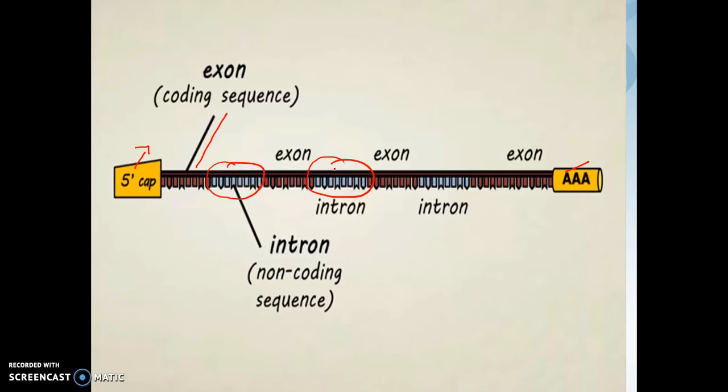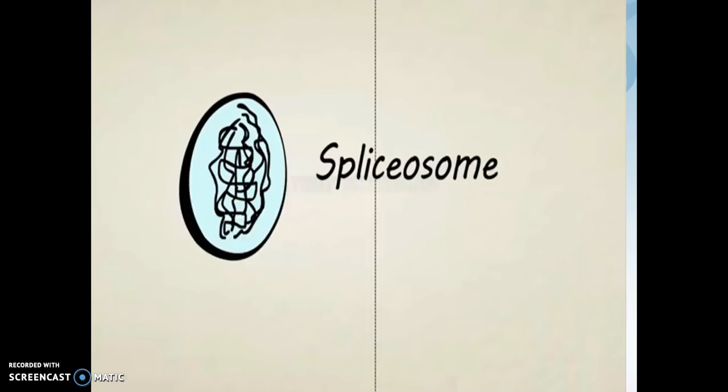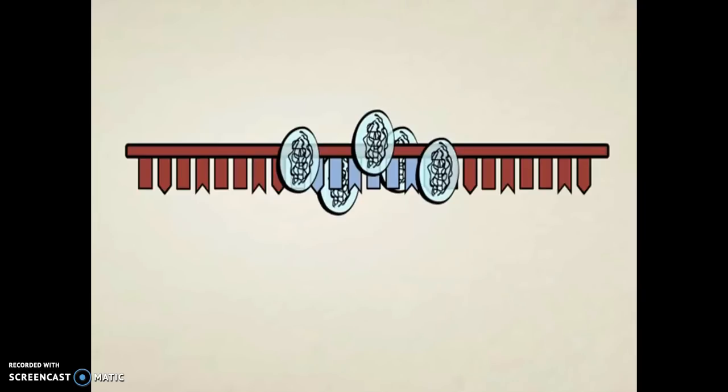How are we going to do that? There is a structure which helps, the spliceosome. The spliceosome attaches to the intron region and cuts out the introns, and what is left are the exons.